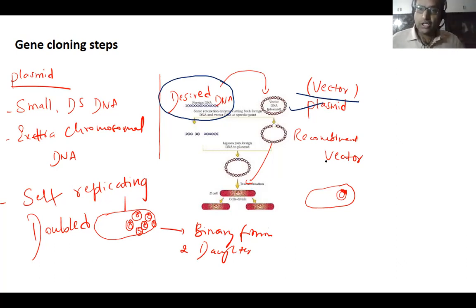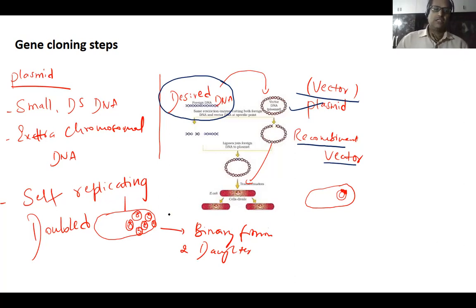If the vector is with the desired gene, we call it a recombinant vector. Now that has to be introduced into the host. The host that we select is basically a prokaryotic host. There are two types of host: prokaryotic host and eukaryotic host.